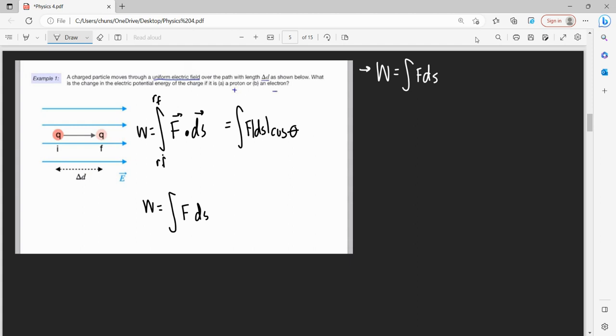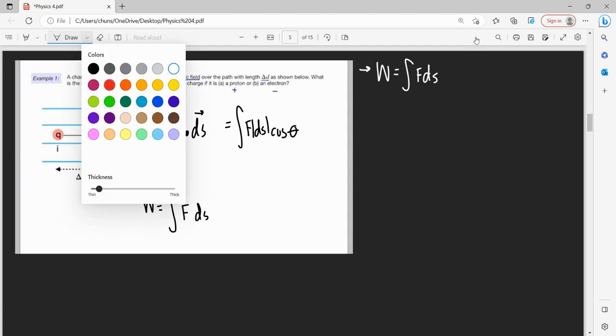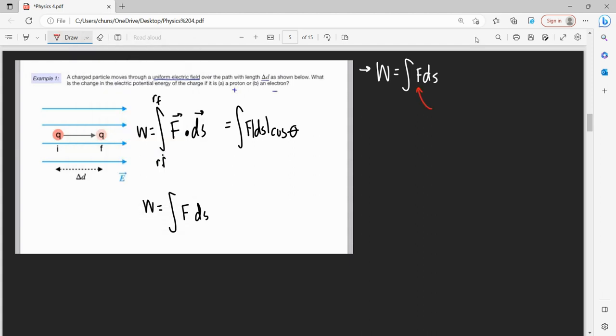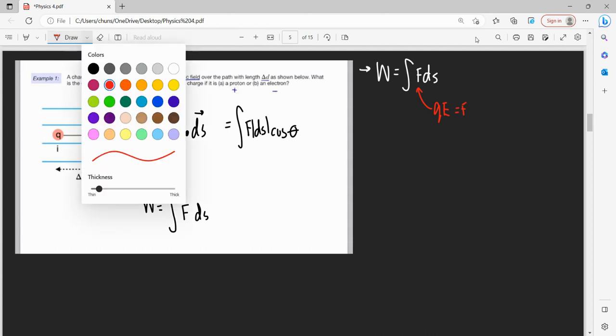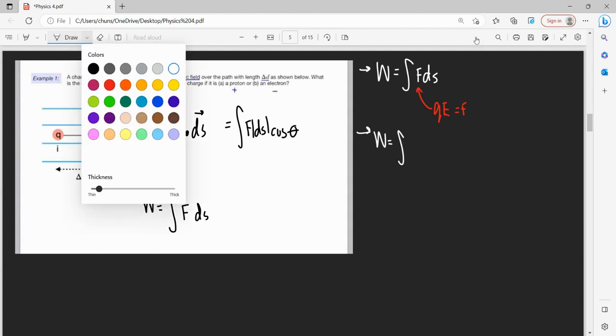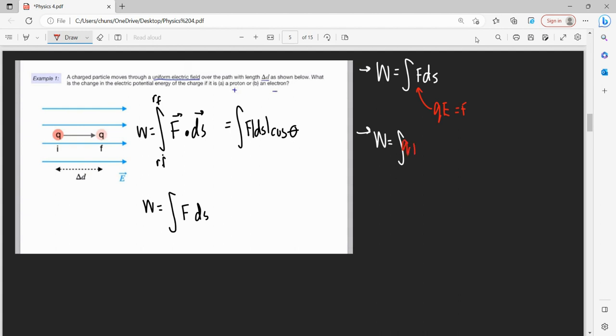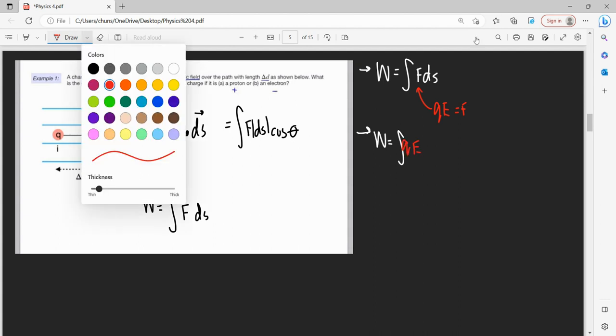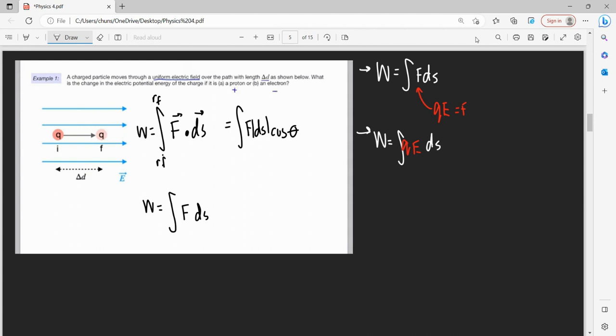And we can replace our F with qE, since our electric field is equal to F over q. So when we do that, that gives QE times ds. And since our values of Q and E are constant, because our electric field is constant with our motion of our charge, then those get kicked out of our integral.